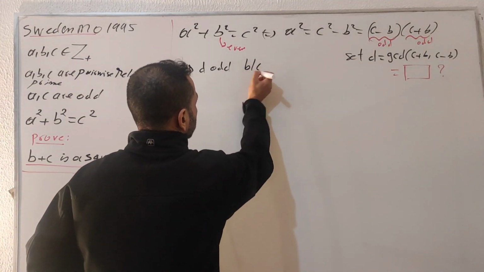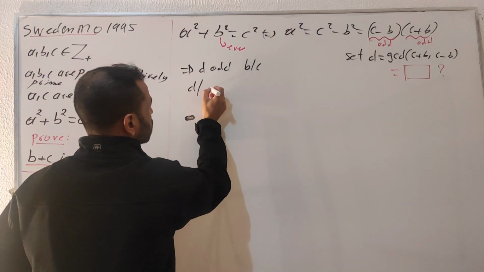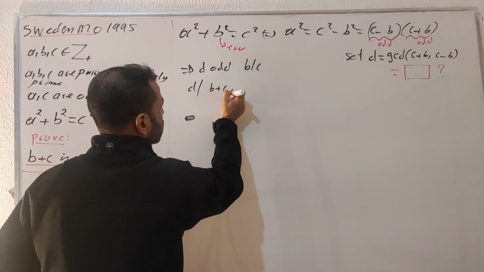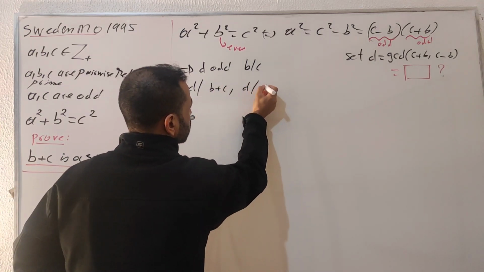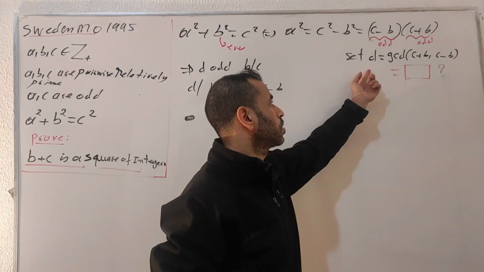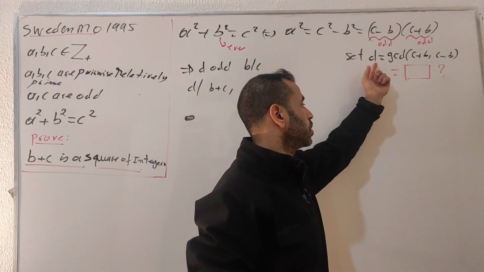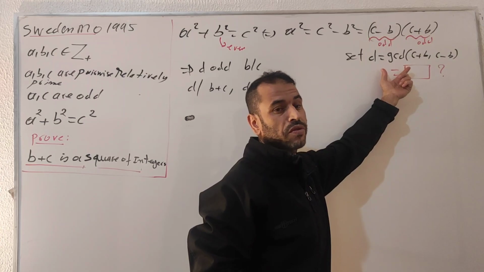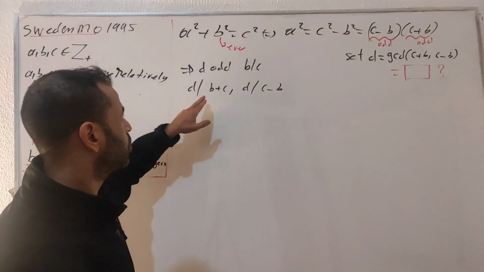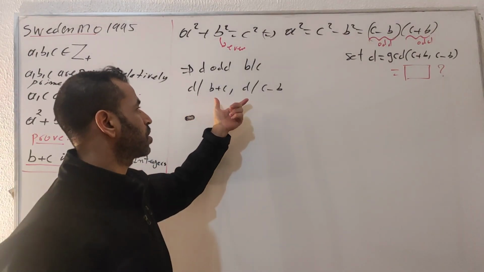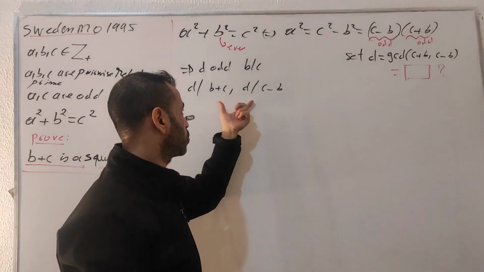Because D divides b plus c, and also D divides c minus b, since they share D as a greatest common divisor, D can divide the difference and the sum of these two terms.